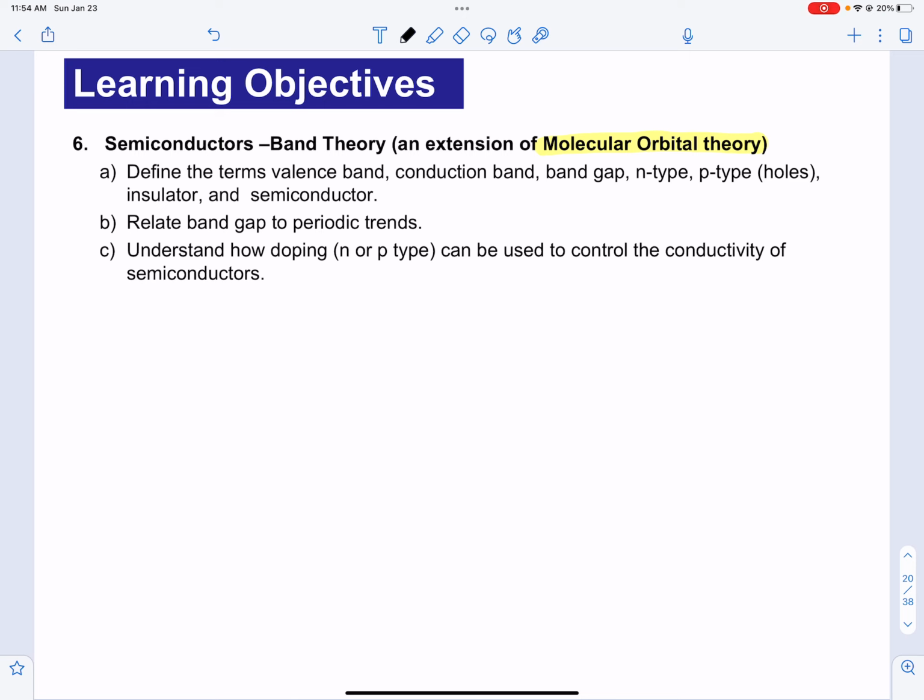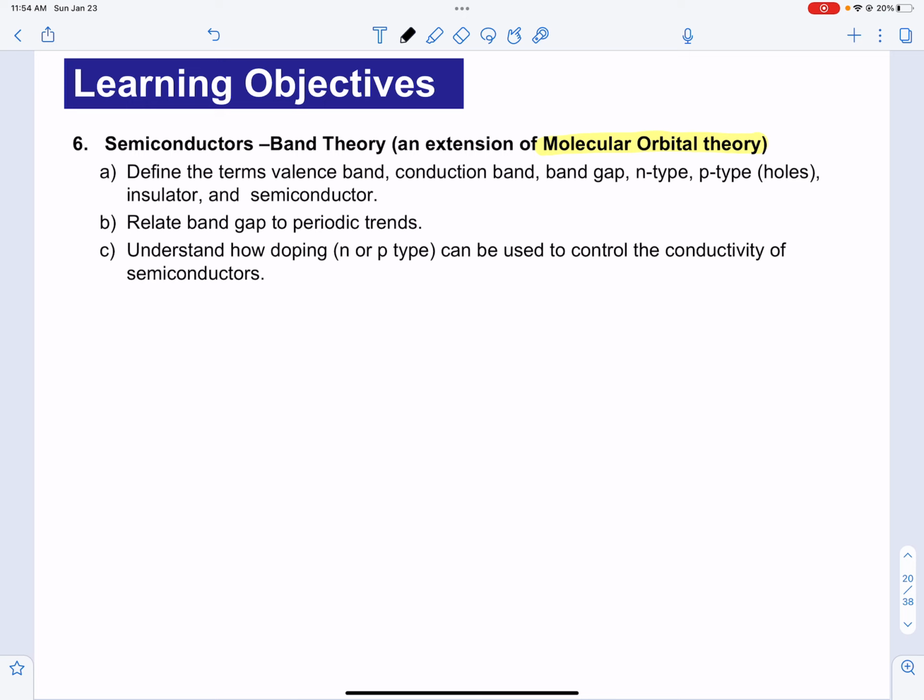So instead of having atomic orbitals, what you have is a creation of a molecular orbital. So let me explain myself. And I'm assuming you did electron configuration, orbital diagrams, and so on, and you know what an s and a p orbital is. I know at least you were able to get to that.